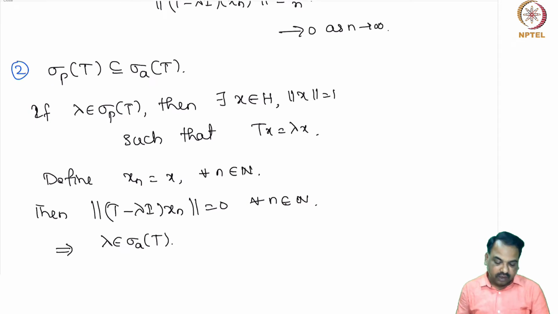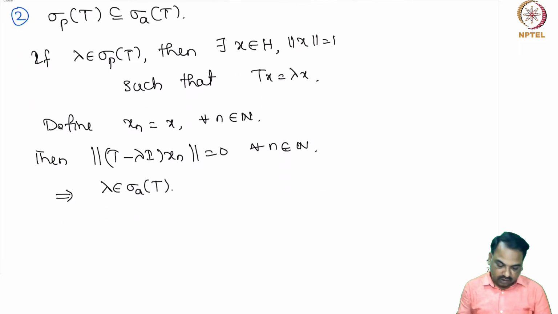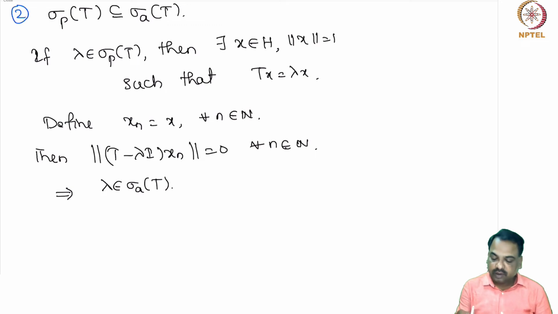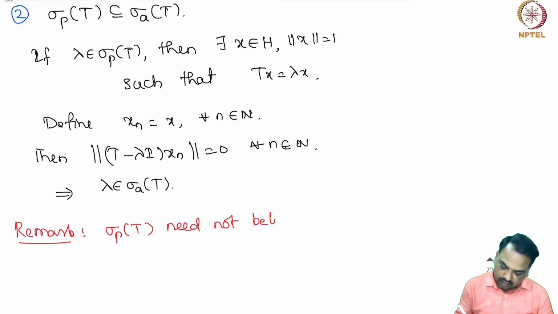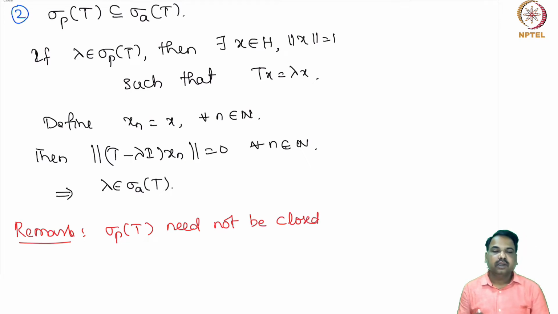Okay, so that means the point spectrum is always a subset of the approximate point spectrum of T, and we know that the point spectrum need not be closed. So, remark. We have seen the diagonal operator on L2 with diagonal entries lambda 1, lambda 2, lambda 3, and so on.